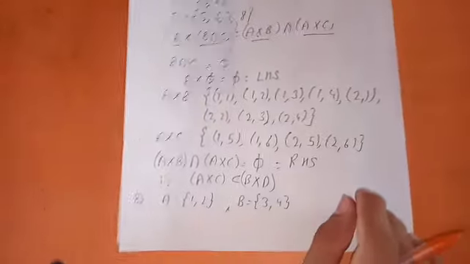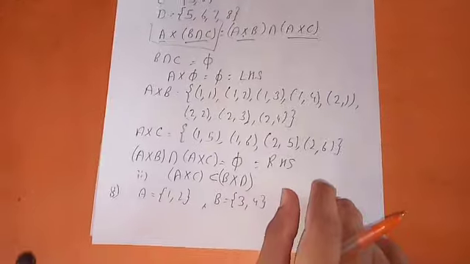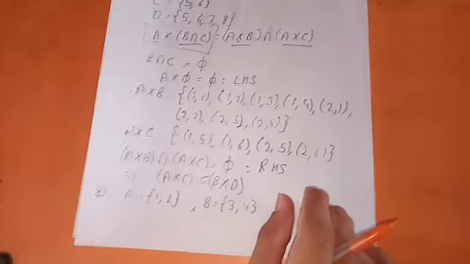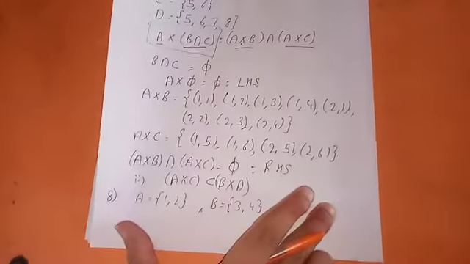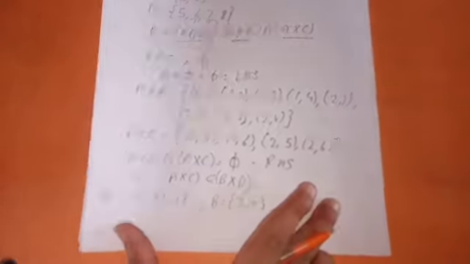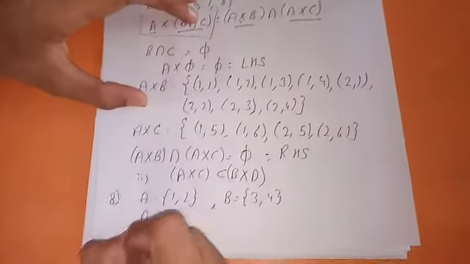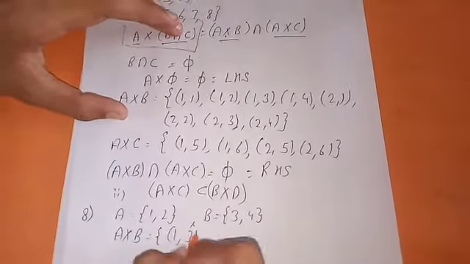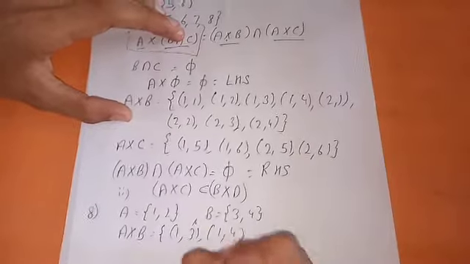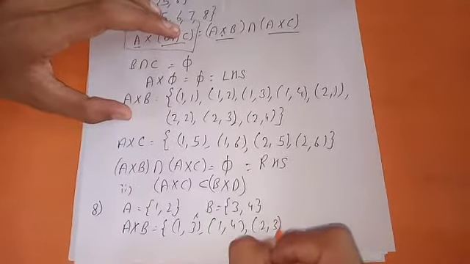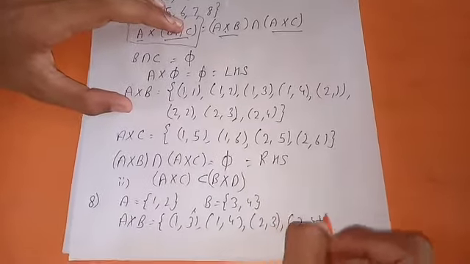We will just multiply. A cross B will be (1, 3), (1, 4), then (2, 3), (2, 4).